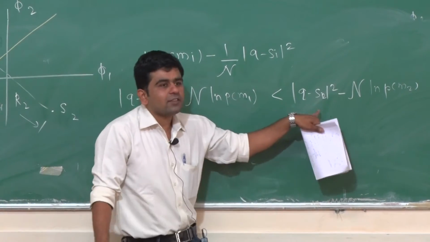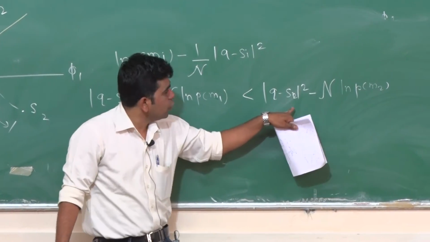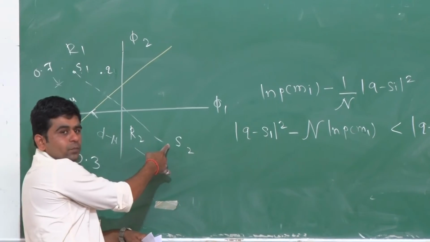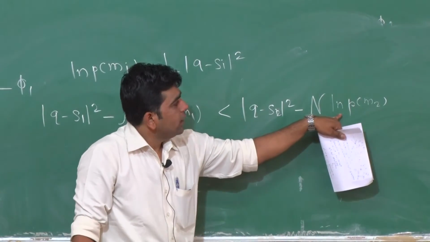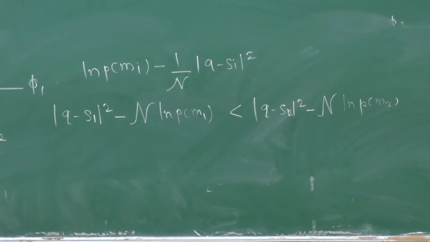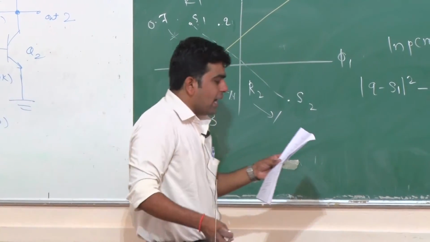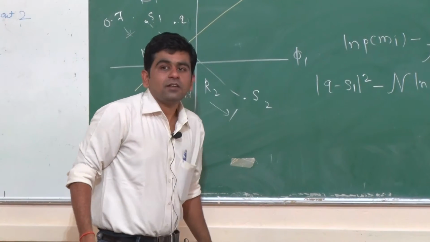It should be less than the decision function for the second symbol, that is |q minus S2|, the distance between this point and S2, minus the noise term into natural log of probability of M2. It should be larger, so this distance is larger. When this condition is true, we get M1 is transmitted.